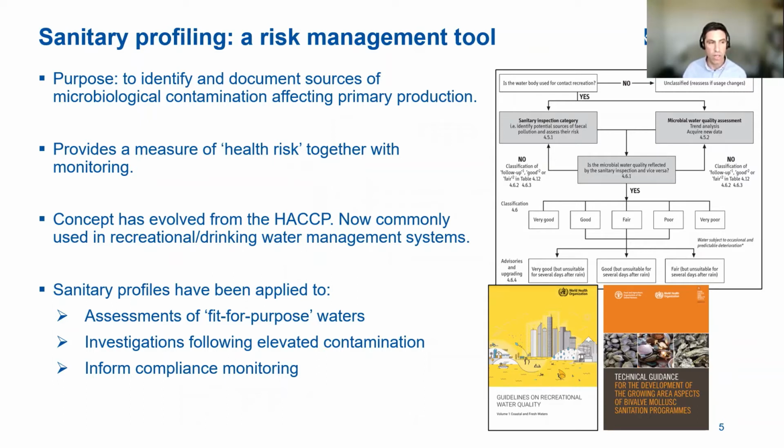So essentially, what we're trying to achieve is to transfer some of these controls, or most of these controls, from the factory back up in the production chain to the primary production environment. For products that are consumed raw or lightly cooked, a sanitary profile could be the key element in ensuring food safety and consumer protection.